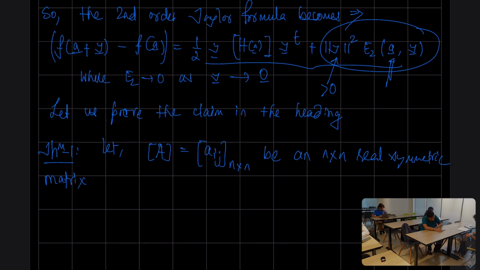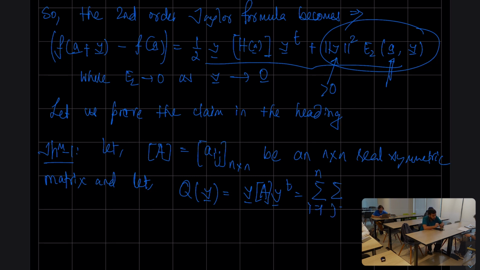And let Q of y be a scalar. Sorry, Q of y is defined by this, a quadratic form, and you can write it in terms of equations. Or I can say capital I.